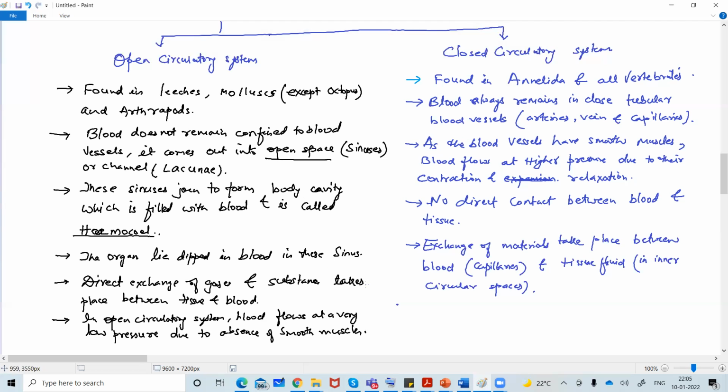Now, what about the efficiency, which is the more efficient system? So closed system is highly efficient because there is an orderly way in which the nutrients and the gas and everything is being exchanged, right? So you can say that closed circulatory system, CCS, is more efficient.